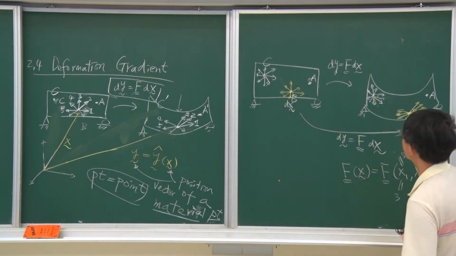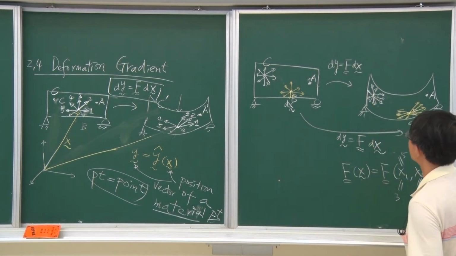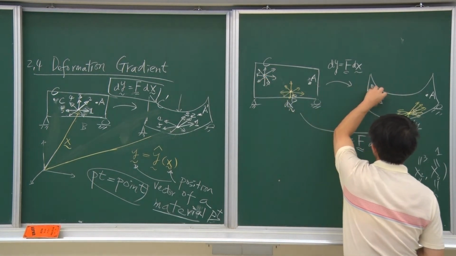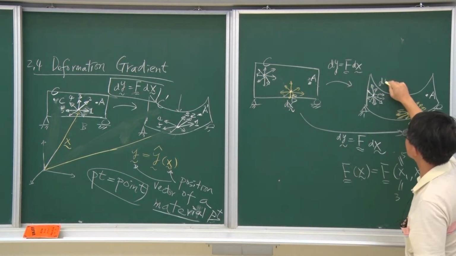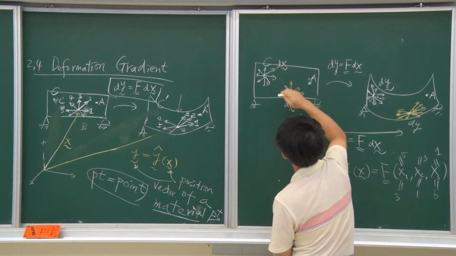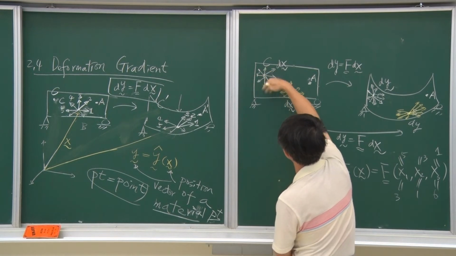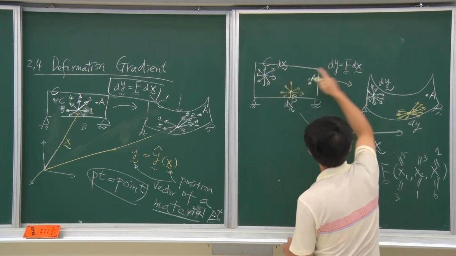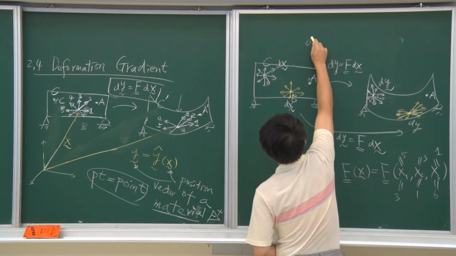So the material lines around this material point will be sent to here. A lot of dx, and a lot of dy, and this dy and dx will be connected by this relation.